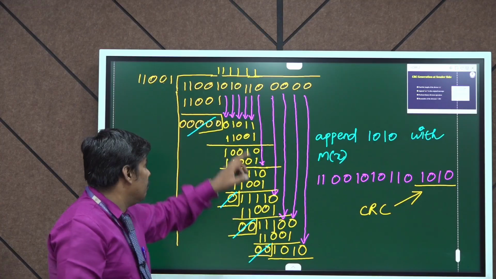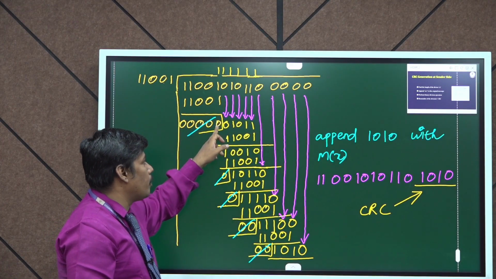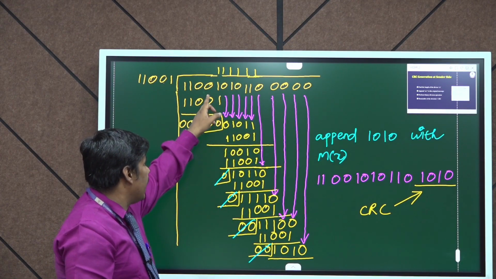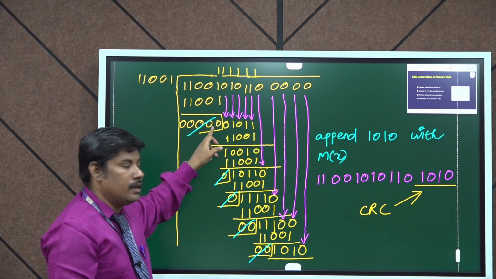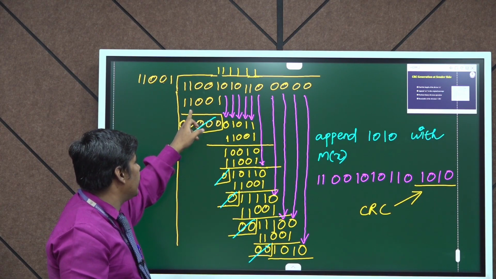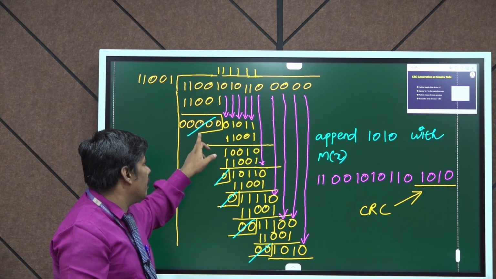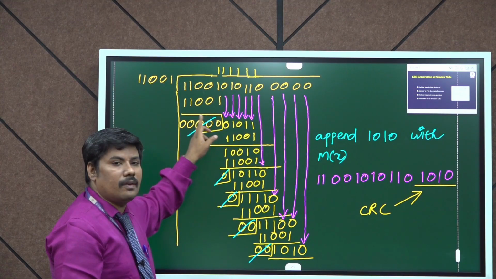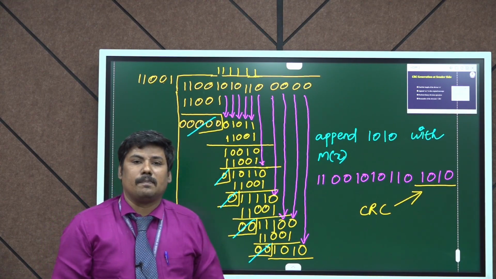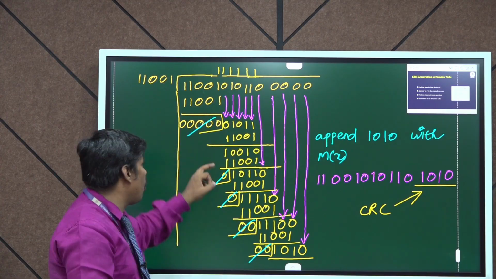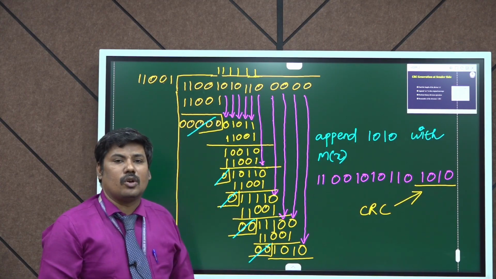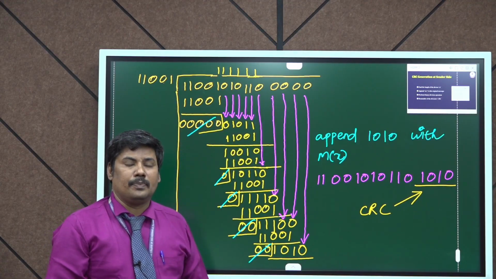Here same input means my output is 0. Same input, output is 0. So every time here I am getting 0. Then the zeros in front have no role, so we ignore these zeros.